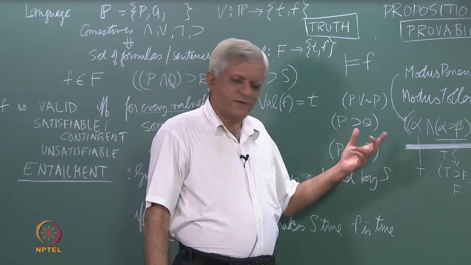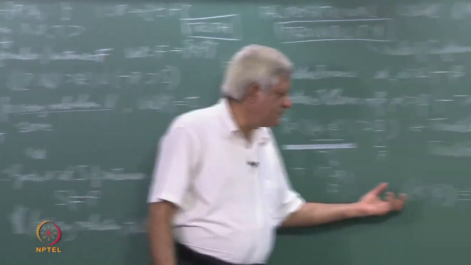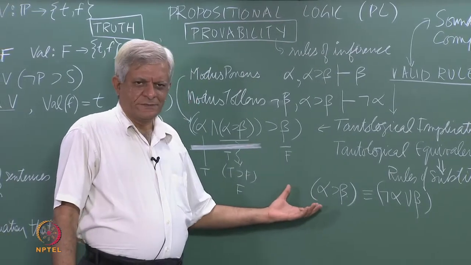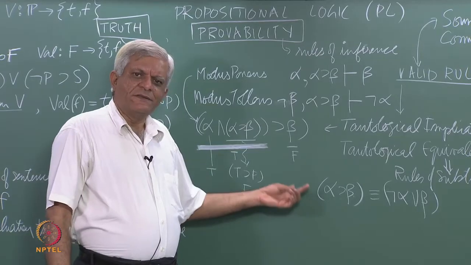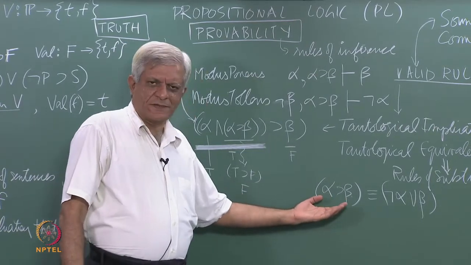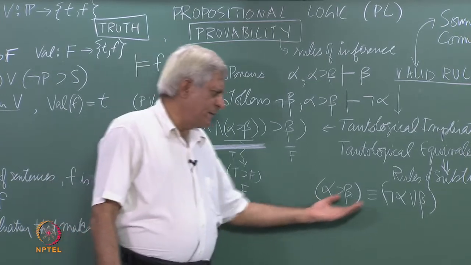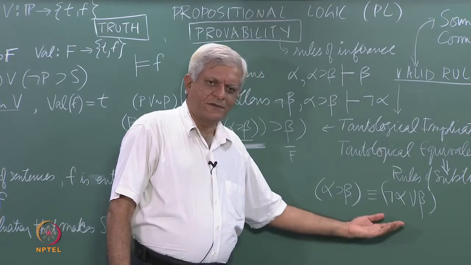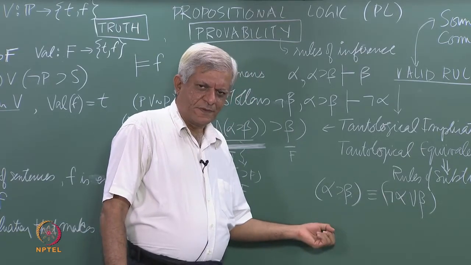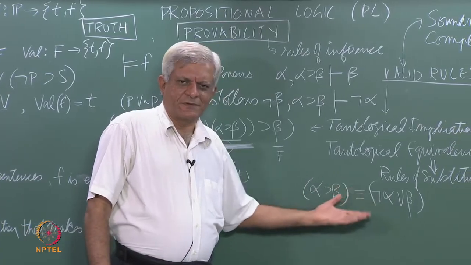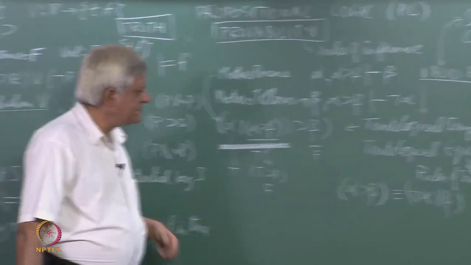You must have looked at it at some point. If you have not, then just try to construct a truth table for this, and you will see that this is indeed a tautology. And if it is a tautology, we can base the rule of substitution on this, which means that whenever we see a pattern of the kind alpha implies beta, we can replace it with the pattern not alpha or beta, and vice versa. We do not have to replace it, we can even add it, but it amounts to the same thing.